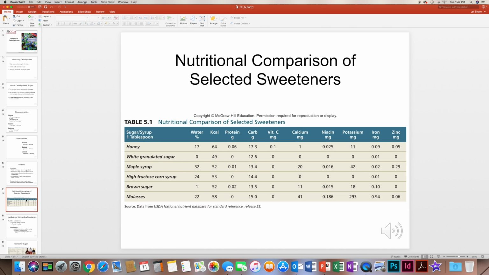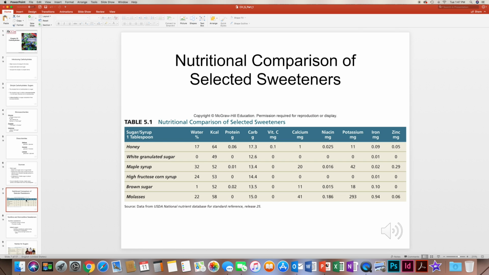There are a lot of different types of sugars out there, and there are different types of sweeteners. You have honey, regular white sugar, maple syrup, high fructose corn syrup, brown sugar, molasses. View table 5.1 and look at the difference between them.